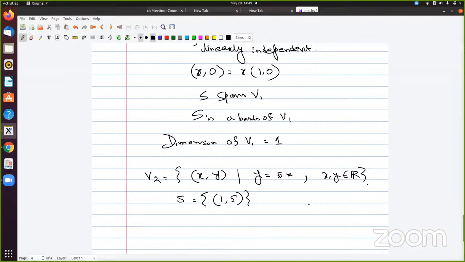Exactly, so that is the number of free, independent variables. If we remove this condition, the dimension will be 2, not 1, because then both variables are free. Then the standard basis again will be (1, 0) and (0, 1), which is nothing but R2.